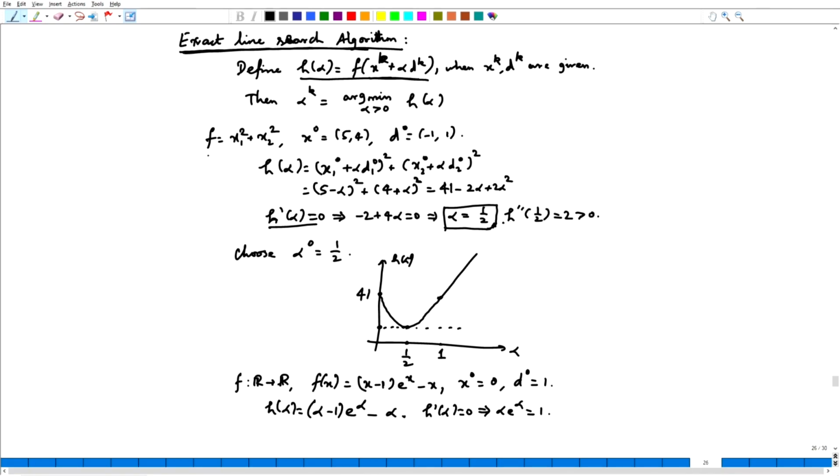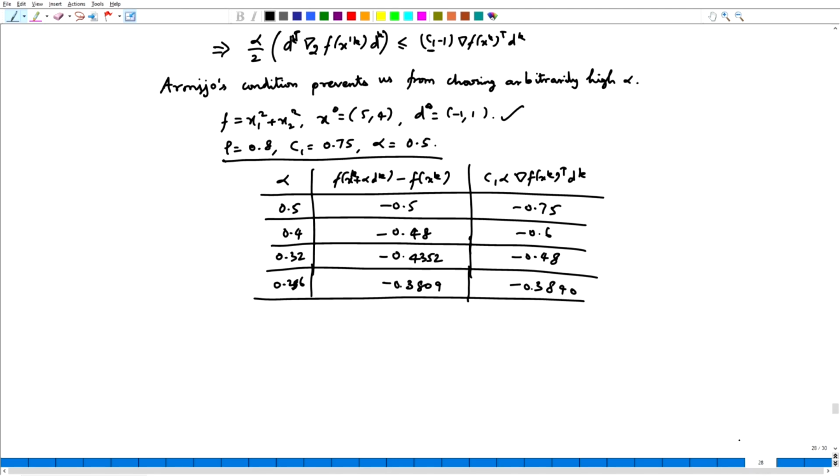So, you have f equal to x1 squared plus x2 squared, x naught is 5 comma 4 and d naught is minus 1 comma 1, but what did I get? I got alpha equal to half, but what am I getting here? I am actually getting alpha equal to 0.256, right.